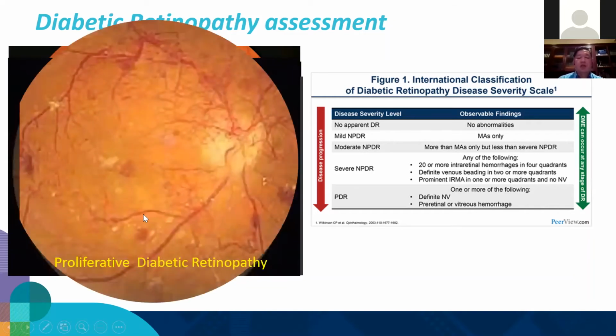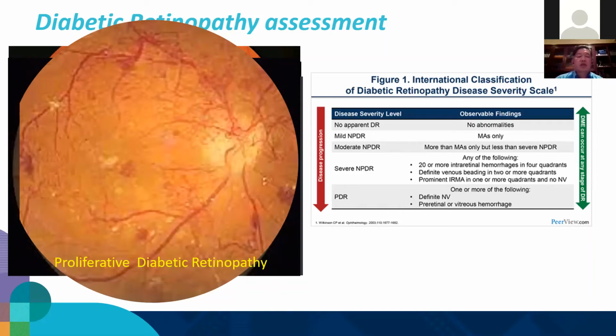And then obviously you go to the proliferative stage, where you have new vessels growing from the venous side of the blood vessels in the eye. Now, what's happening here is that you are having retinal ischemia that produces a substance called VEGF, or vascular endothelial growth factor.